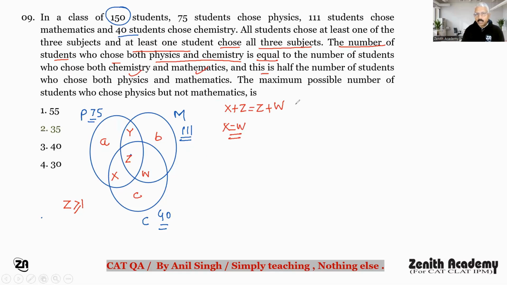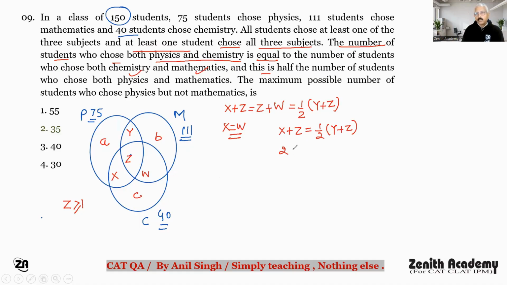And further, this is half the number of students who choose both physics and mathematics, Y plus Z. So first it is X equal to W. And suppose I take X plus Z is equal to 1 by 2 (Y plus Z).